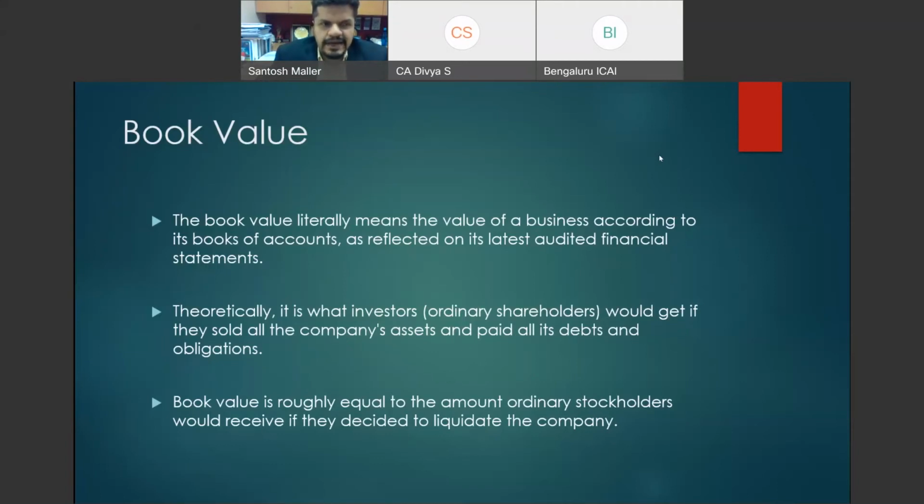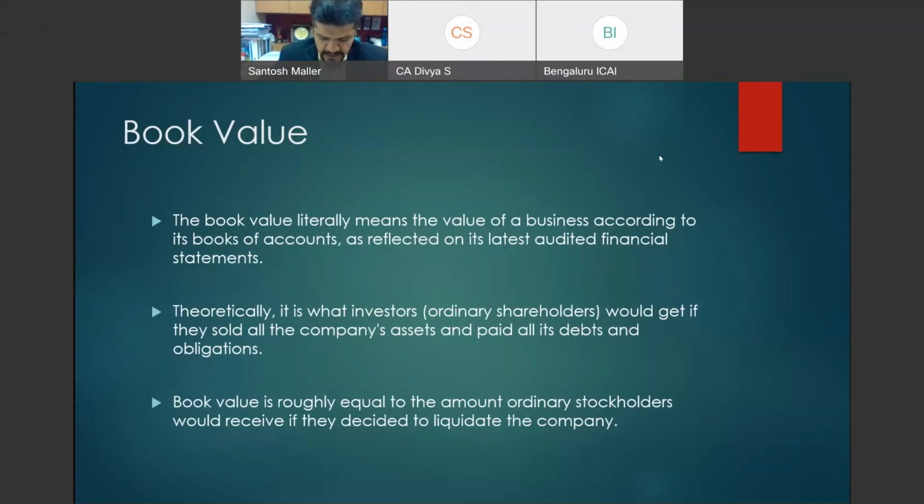The underlying premise is that the shareholders, when they are disposing of the assets and settling the liabilities of the company, will fetch the value which is recorded in the books. So book value is reflective of the fair value or the realizable value.